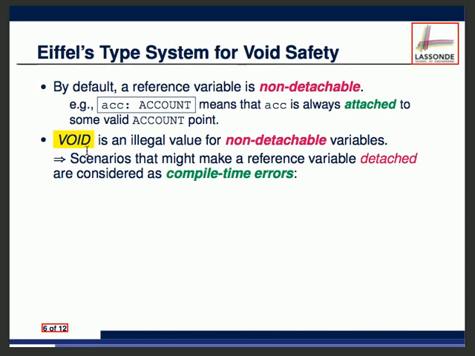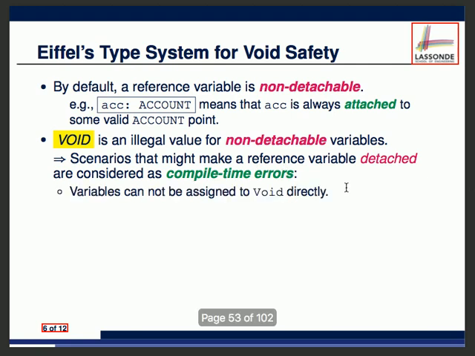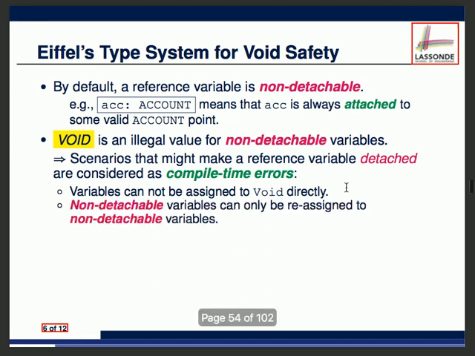Okay, so now here's the principle in IFO. Scenarios that may make a reference variable detached, which means it will store void, will be considered as compile time errors. Let's see some examples to get some intuition. Okay, so you cannot assign the variable to void directly. Result is assigned to void, it's not allowed. And also, let me give you one example here.